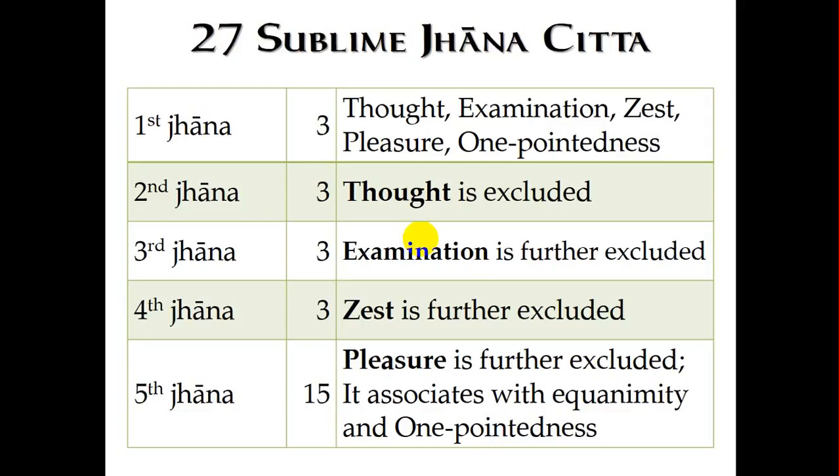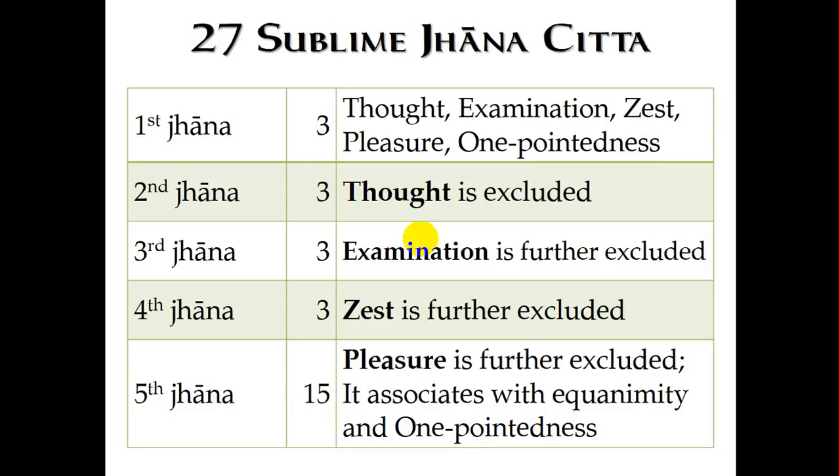Therefore, you have to remember that in the first jhana cheta there are 5 jhana factors. So when you go to the next level, we have to overcome thought, right? If you stay with thought, you cannot go to the next step, right? So therefore, in the second jhana, thought is excluded.